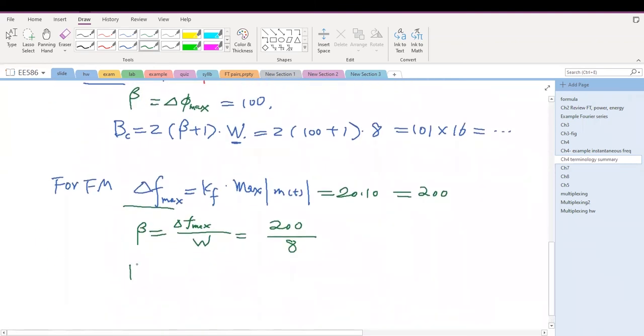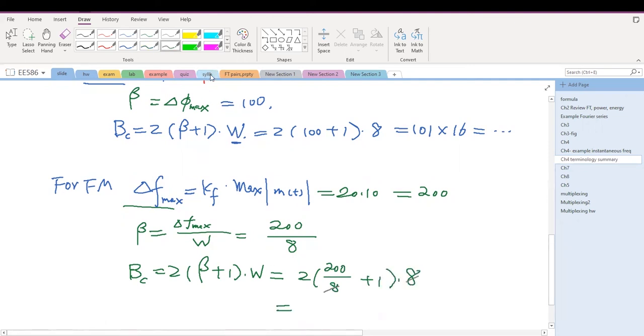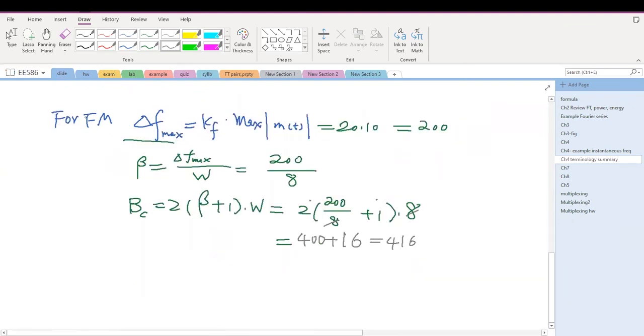Now, what is the effective bandwidth? Carson's rule: 2 times (200 divided by 8 plus 1) multiplied by 8. The 8s cancel out each other. So the first term equals 400, plus this one, 16, that's 416. So that's the effective bandwidth for FM.